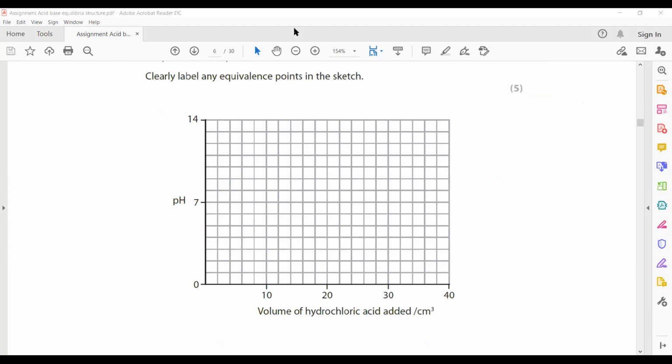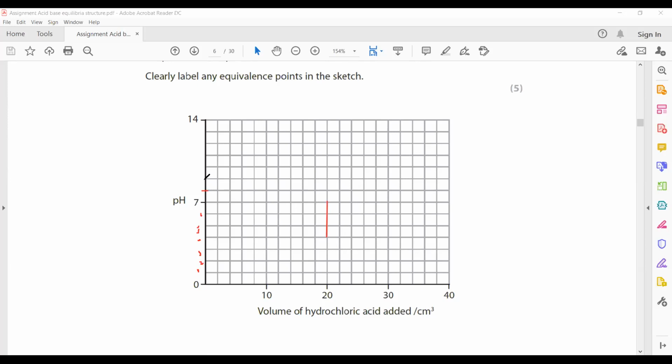So when we add 20 cm cube, the vertical part is from 4 to 7, and the axes are properly labeled. So this is 1, 2, 3, 4, 5, 6, 7. The vertical part is from 4 to 7, with the equivalence point, and it started at 11.3.